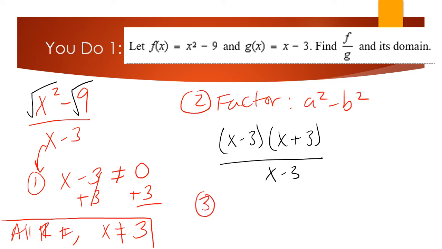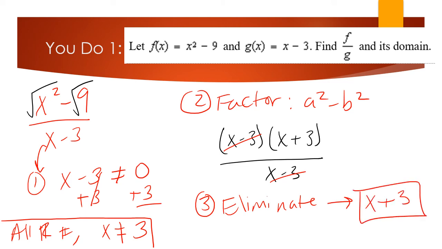Step 3 is to eliminate. And we can eliminate x minus 3's. And that leaves us with x plus 3 as our final answer. If you did not get this, do you see where you may have made a mistake?